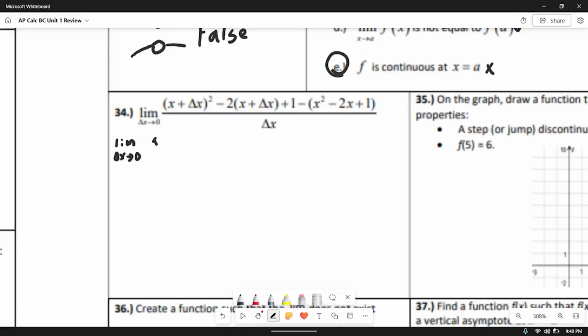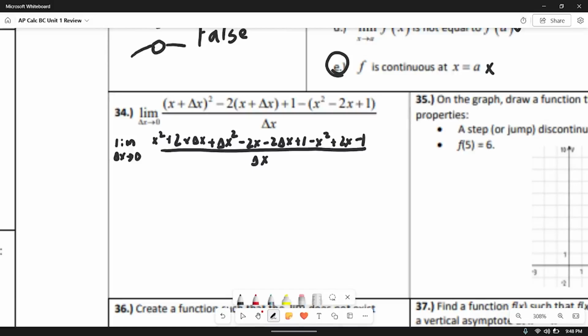So we get x squared plus 2 times x times delta x, plus delta x squared, minus 2x minus 2 delta x plus 1, minus x squared plus 2x minus 1. Yes, this is a really long equation right here. Basically what we did, I distributed this negative, I distributed this negative 2, and I FOILed out that.